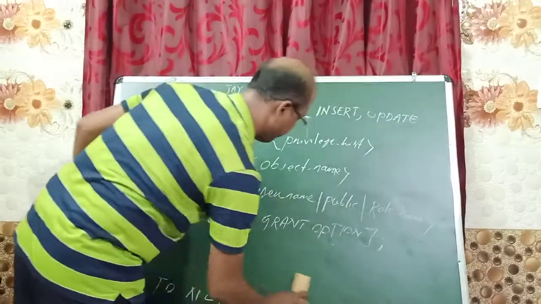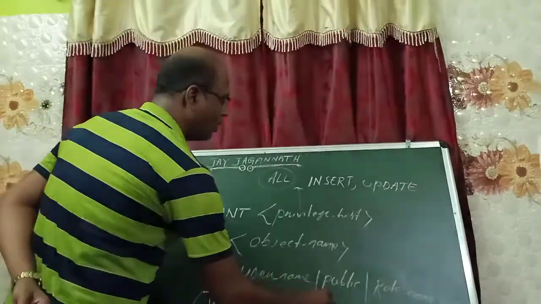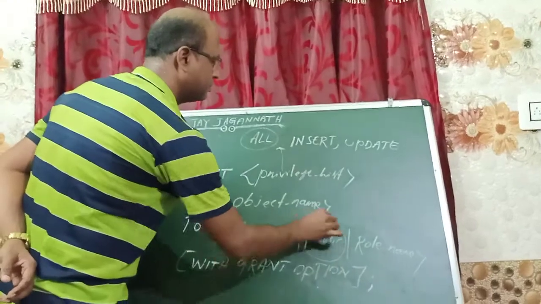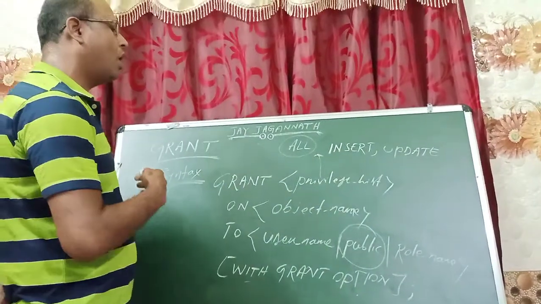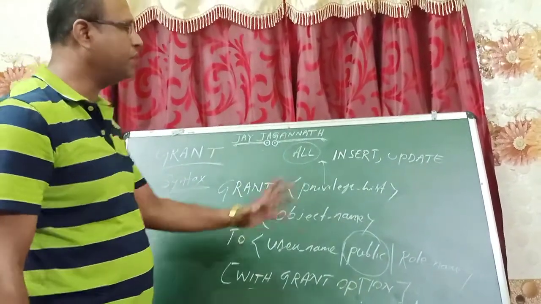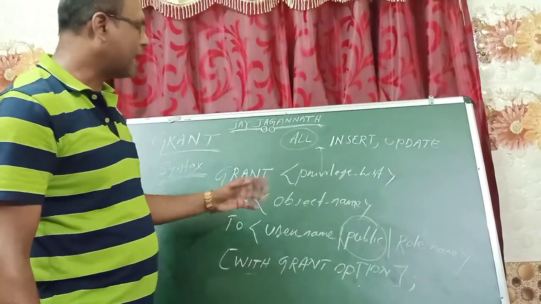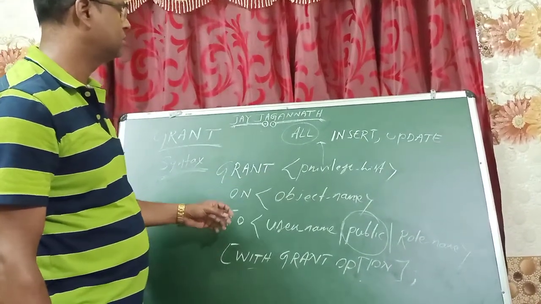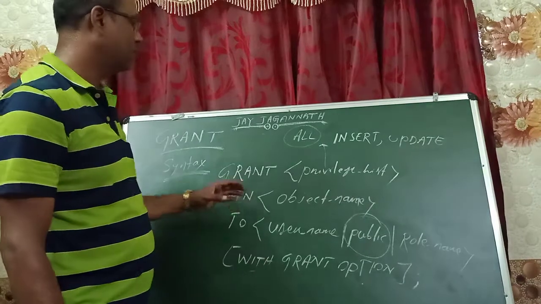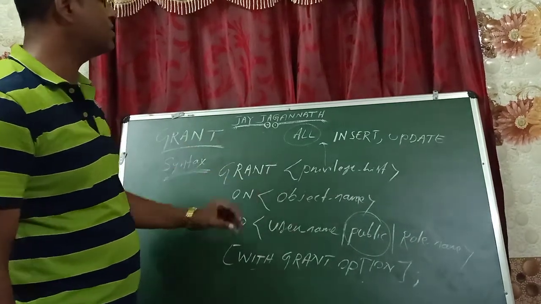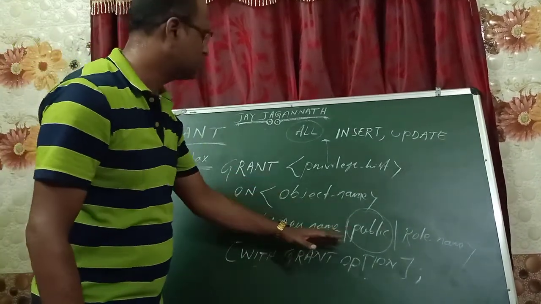What is public? Public means all users can access the database. The DBA grants the permission to all users.